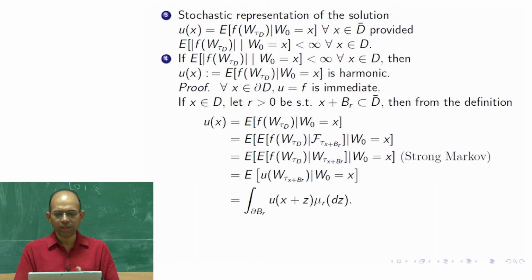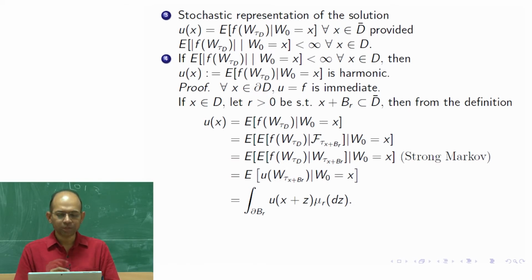What we do, we actually put another condition. So this is a sigma algebra which is finer than the sigma algebra at 0. So it is at a later time.